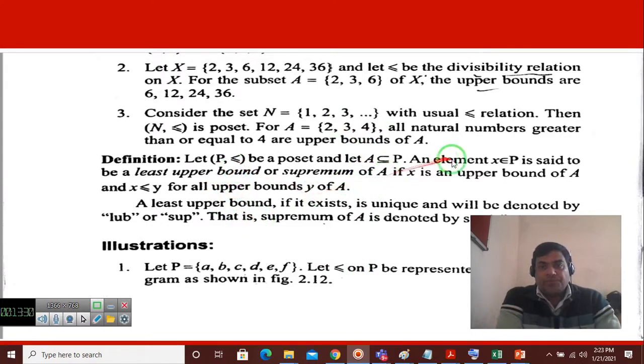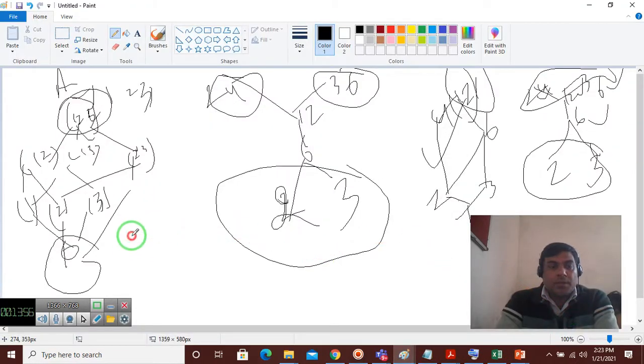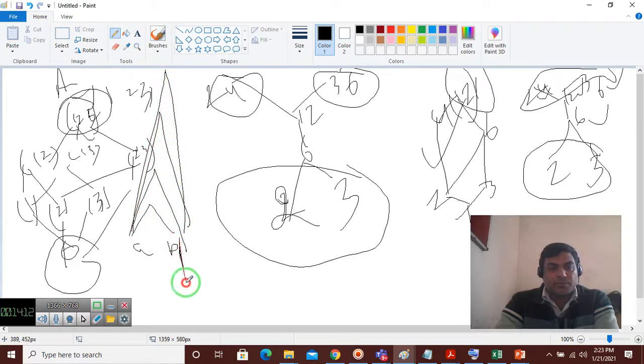Let P be a partial order set and X belong to P. X is said to be the least upper bound, the supremum, of A if X is an upper bound of A and X is less than or equal to Y for all upper bounds Y of A. Least upper bound means that if two elements have several upper bounds, then among all the upper bounds we should consider the least one.